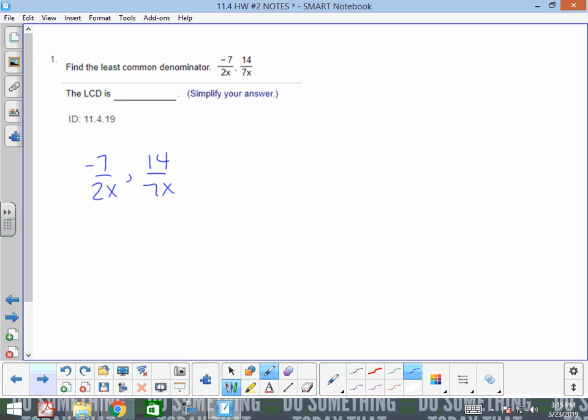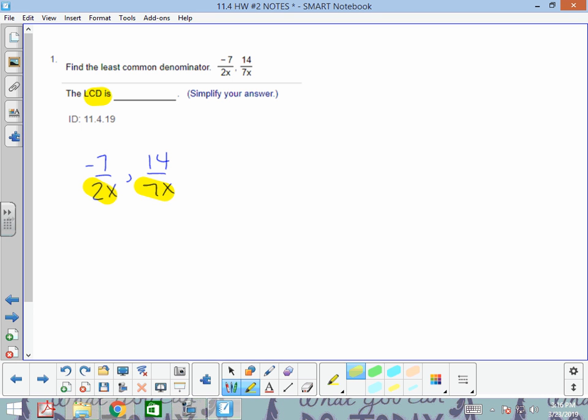All right, so this first one just says to find the LCD. So the LCD we're looking for is of the denominator. The D stands for denominator. So 2x and 7x. 2x, breaking it down, is 2 times x. 7x is 7 times x.